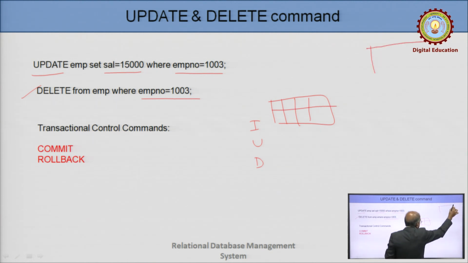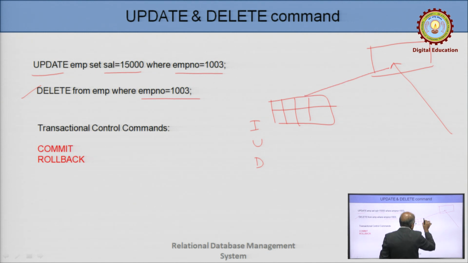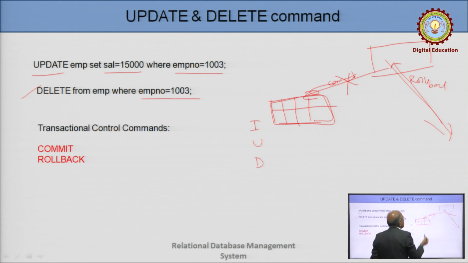One rollback segment is maintained by the system in memory. First the transaction takes place there, and when we commit it goes into the table. If we roll back, it will not go into the table, it will be rolled back. The table will keep the older value. So, this is all about the rollback segment.